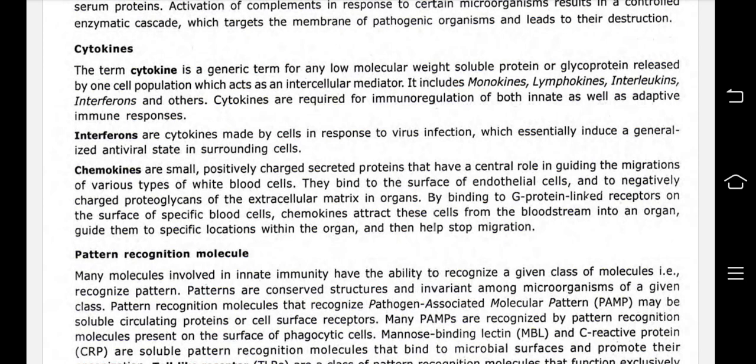We just mentioned cytokines are positively charged, so they bind to negatively charged proteoglycans of the extracellular matrix of organs by binding to G protein linked receptors in the surface of specific blood cells. Cytokines attract the cells from the bloodstream into an organ and then help stop migration.